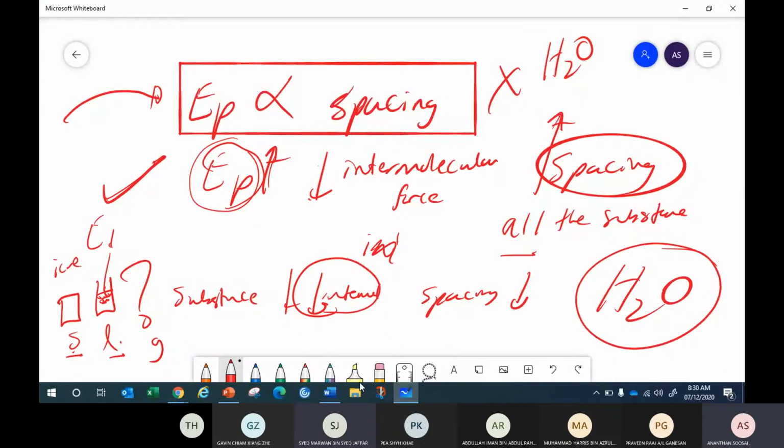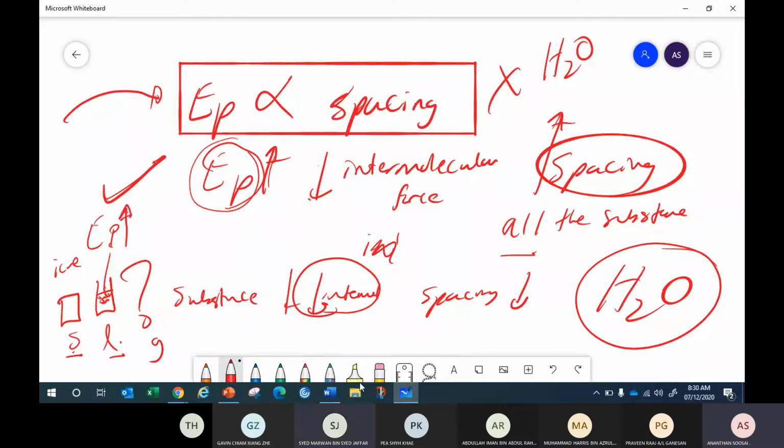For water, from solid to liquid, the liquid gets denser and the spacing gets smaller, but potential energy still gets greater.